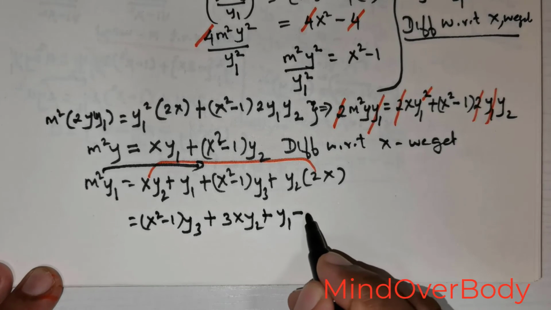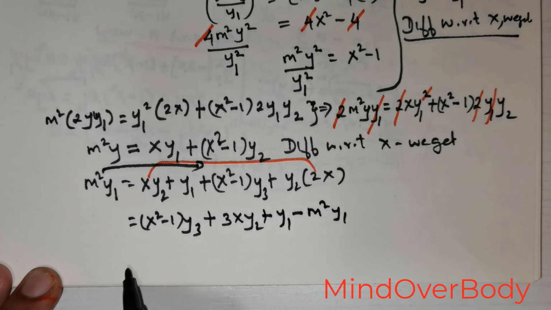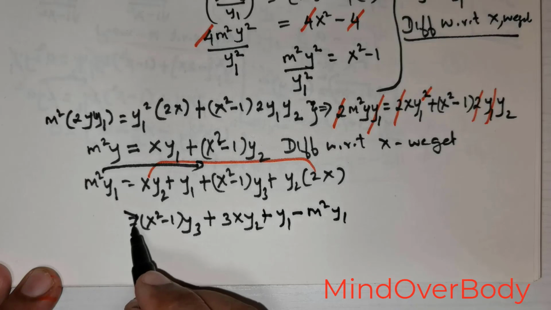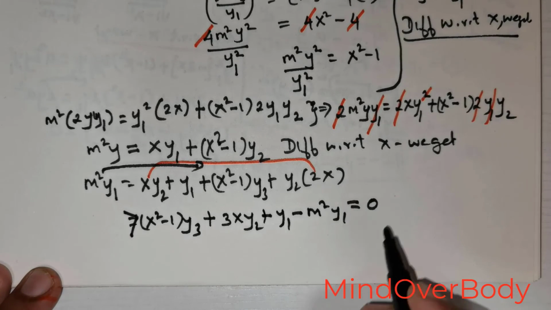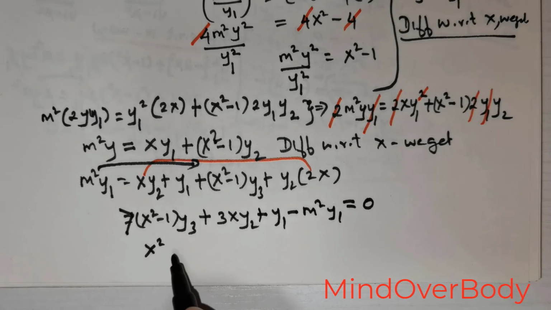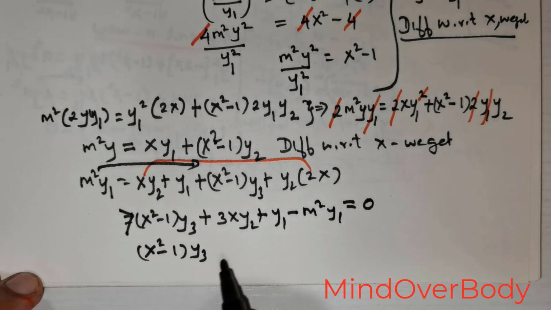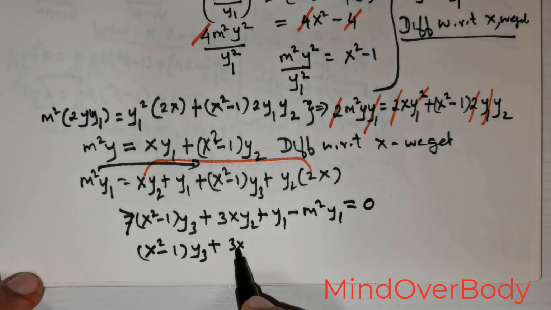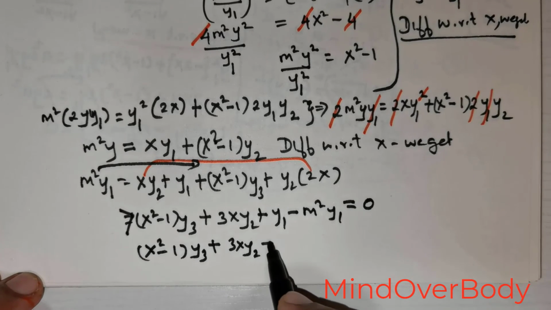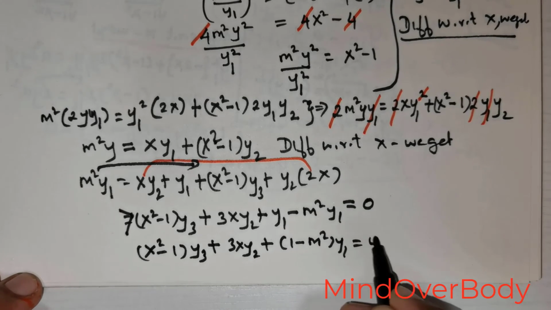So it's going to be negative m squared y1, right? Let me equate it to 0 on this end. So this can be further rewritten as x squared negative 1 times y3 positive 3 times x y2. I can take y1 out. If I were to do that, it's going to be 1 negative m squared times y1 is equal to 0.